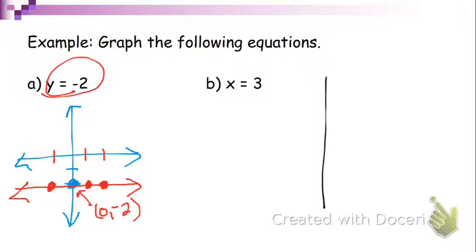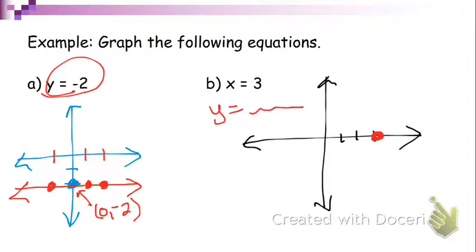B, x is 3. If x is 3, 1, 2, 3. If x is 3, that means y can be anything. So our ordered pairs could be 3, 0, 3, 1.